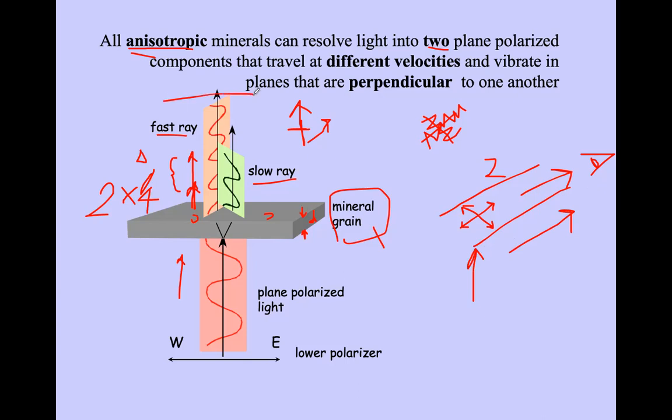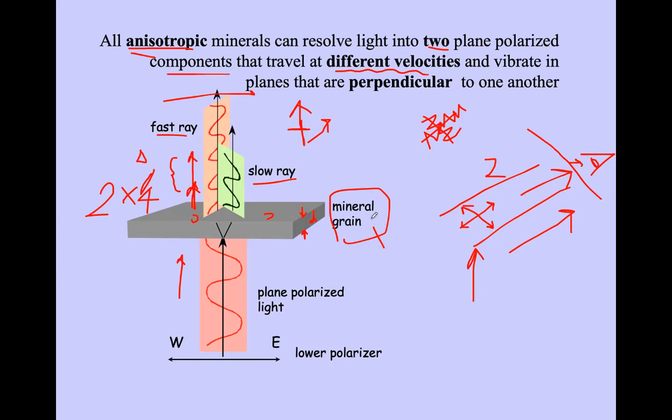If you have inserted the upper polarizer, then it will pass through it and then enter your eye. Otherwise it will just come directly after the sample. So this is the splitting of light into two components having two different velocities after the mineral grain.